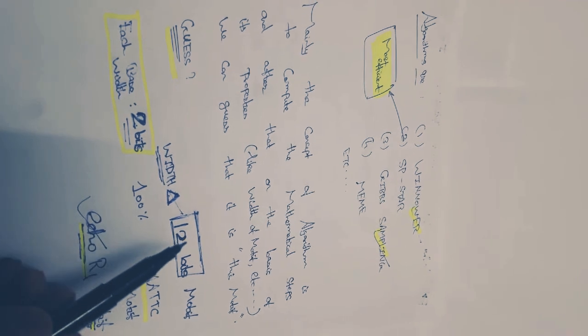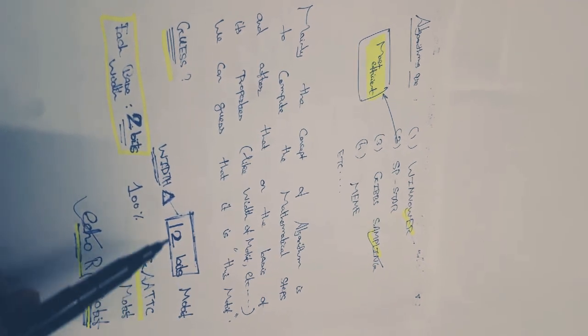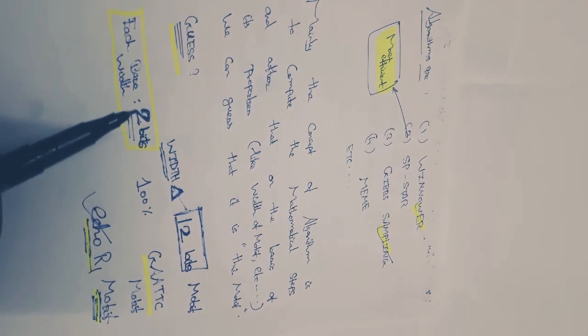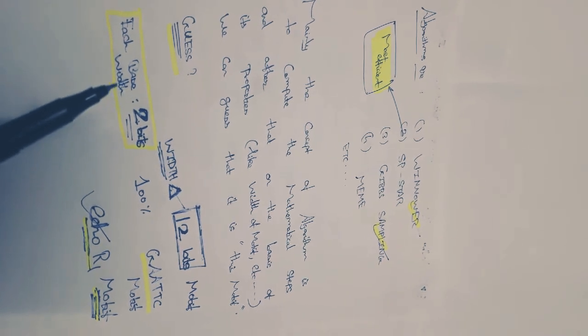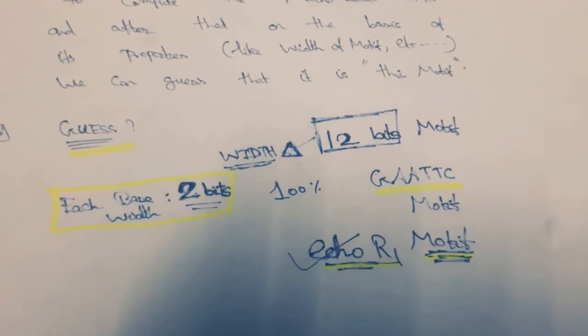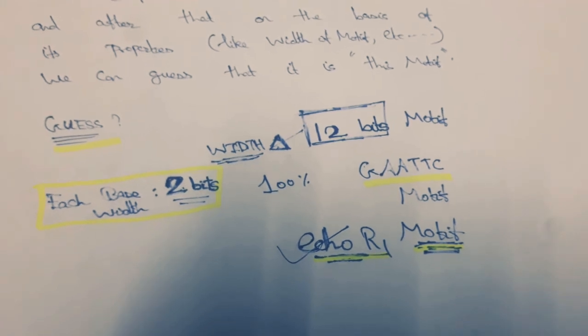Now if someone says that there is a 12 bit width motif, it means the motif has a width of 12 bits, and each heterocyclic base, that is adenine, guanine, cytosine and thymine, has a width of 2 bits. So we could clearly say that the motif comprises 6 heterocyclic bases.